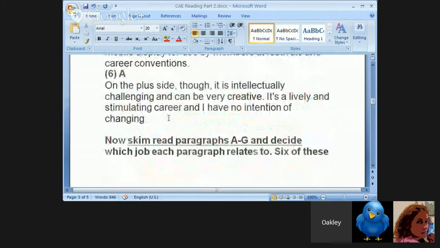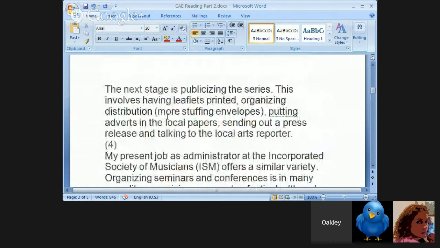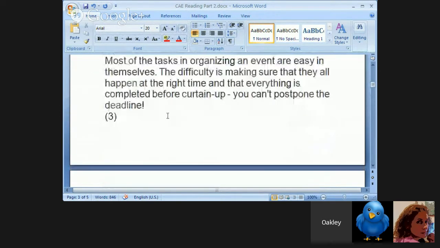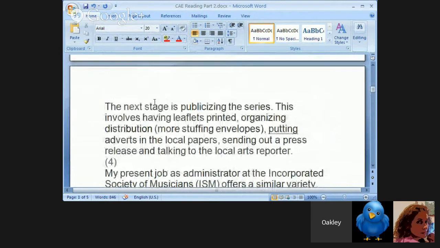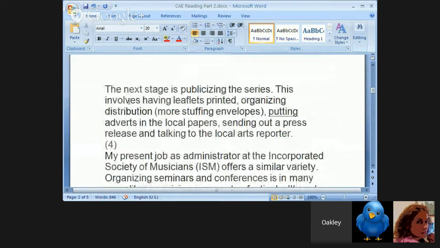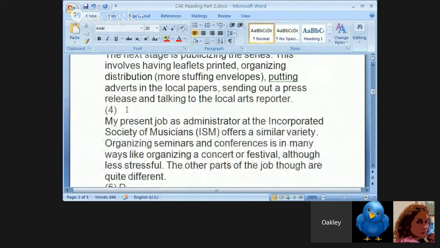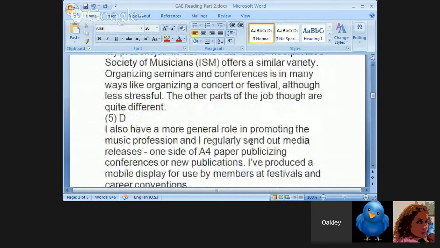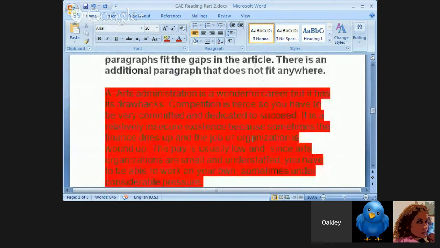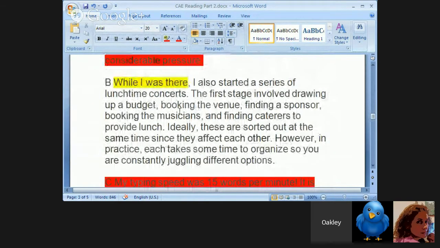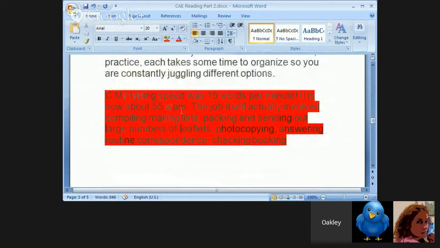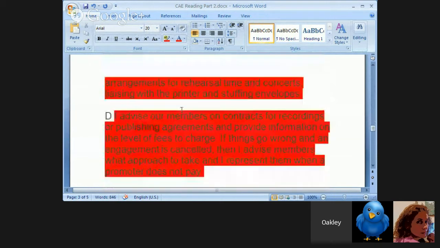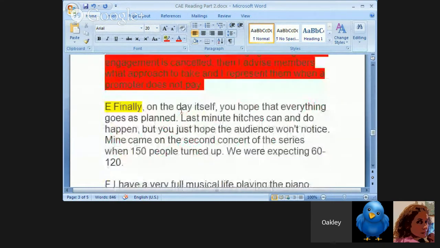All right. What do we got? 3 and 4. 3, 4. Which one makes sense to end his talking about that job? While I was there, blah, blah, blah. Or finally, on the day itself doesn't make sense, does it?